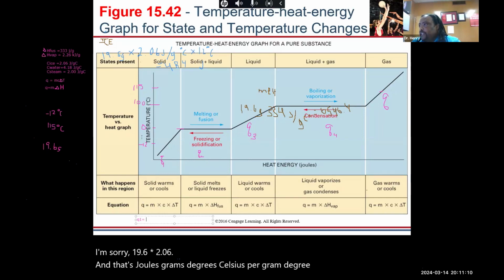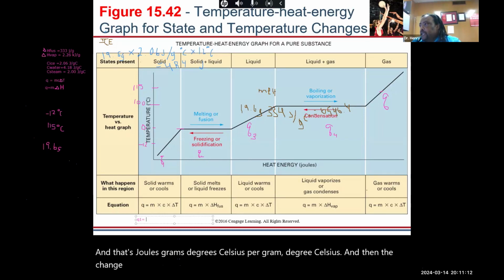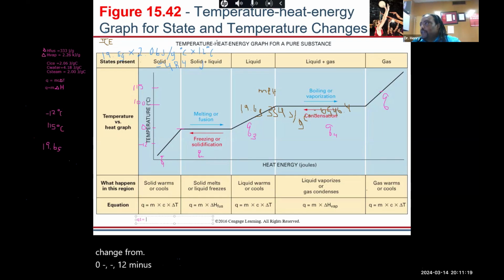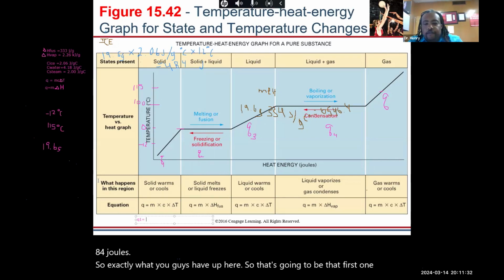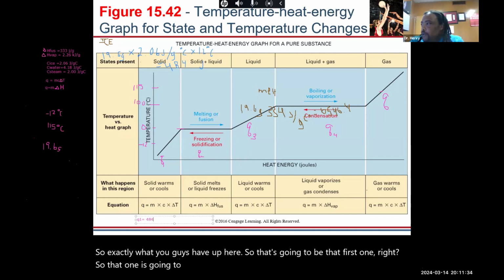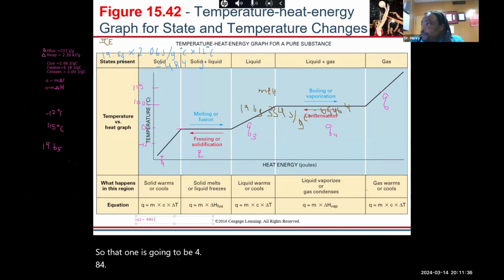And then the change from 0 minus -12 is going to be 12. So then you guys got 484 joules, exactly what you guys have up here. So that's going to be that first one, right? That one is going to be 484 joules.